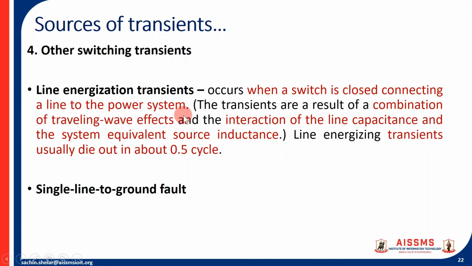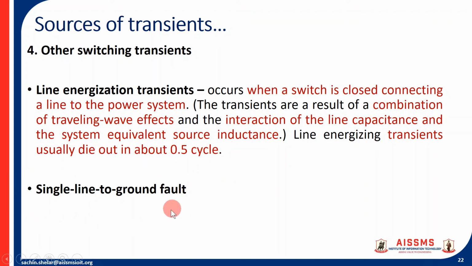Earlier the power system was operating with particular RLC values, and you have added one more system to it, so the RLC gets changed. The transients are a result of a combination of traveling wave effects, which you must have learned in power system, and the interaction of line capacitance and the system equivalent source inductance. Line energizing transients usually die out in about 0.5 cycles. So in half a cycle normally they go.